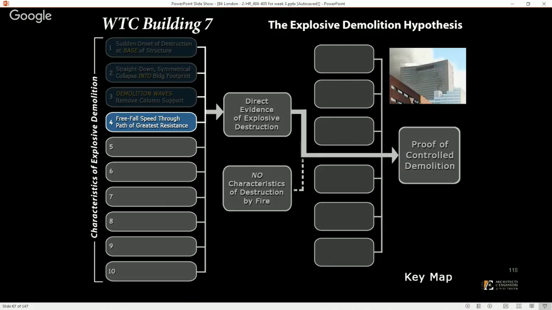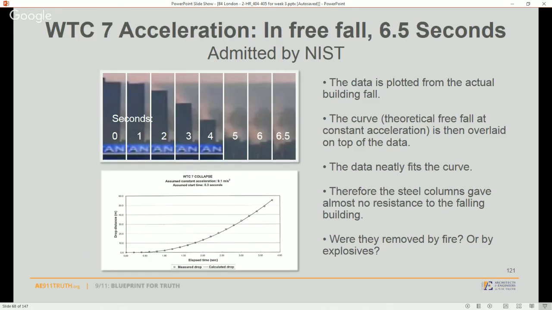How fast is a building coming down? Well, you can see the building gaining downward momentum second by second. It's accelerating, getting faster and faster, straight down through the path of what was the greatest resistance, all those columns that you just saw. It fits the free fall curve exactly.